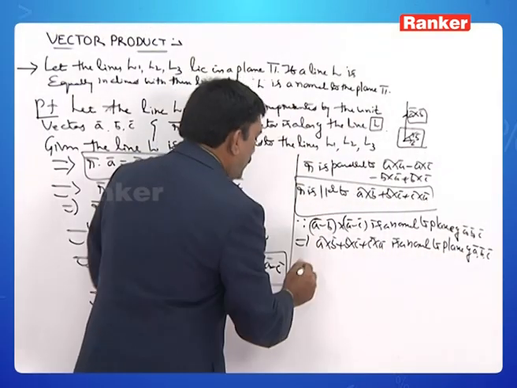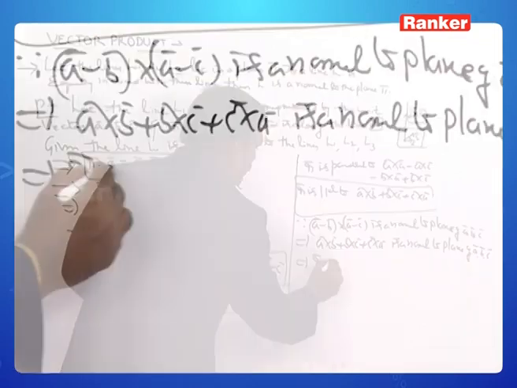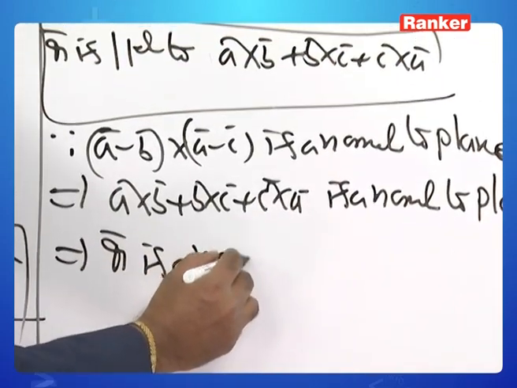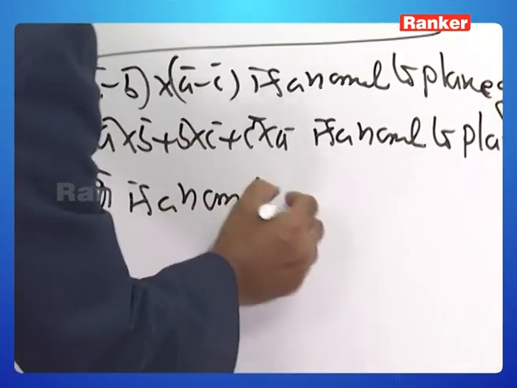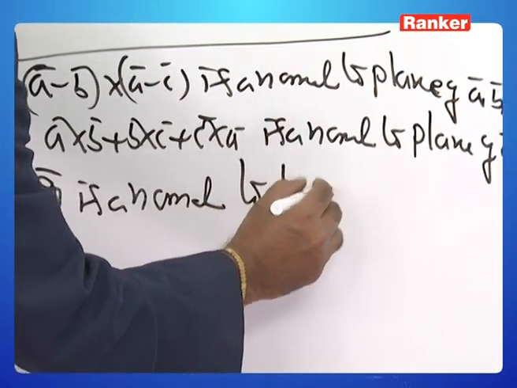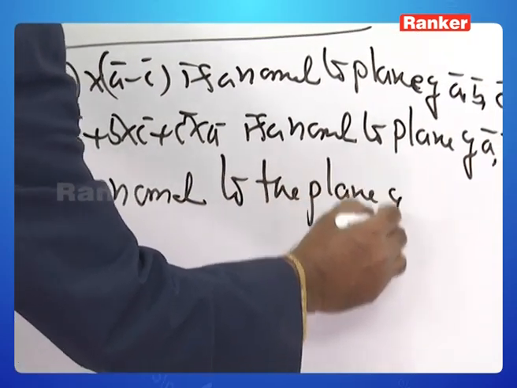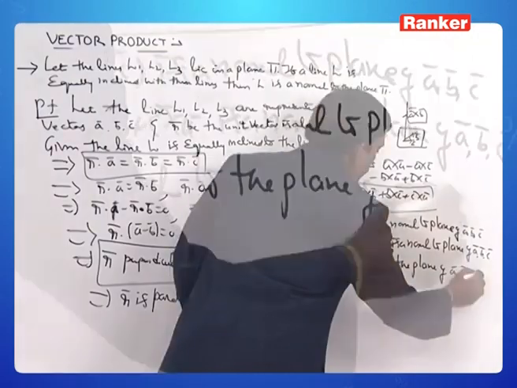This is nothing but r bar, which implies r bar is a normal, means perpendicular, to the plane of a bar, b bar, c bar.